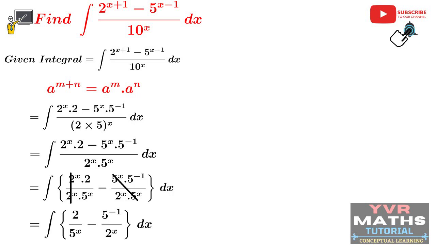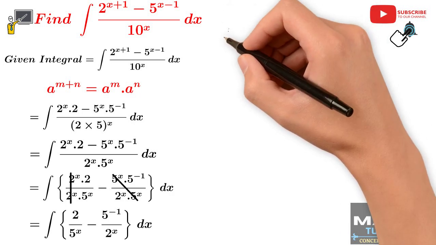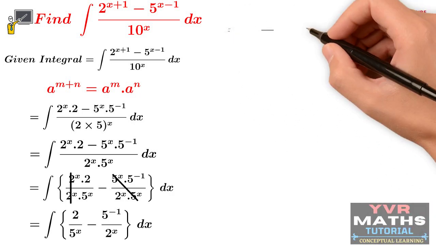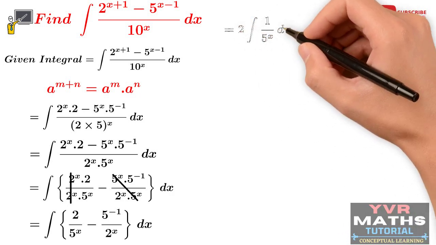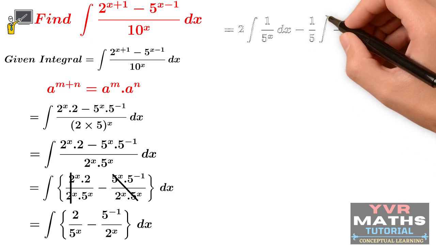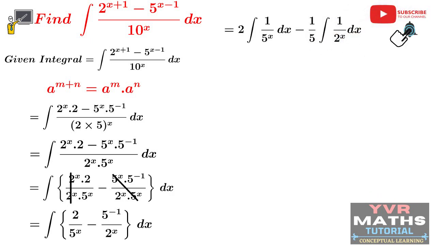Now, by using basic properties of indefinite integrals, I am going to apply individual integrals. Then what we will get? See here in the next step. 2 into integral of 1 by 5^x dx minus 5^(−1), which can be written as 1 by 5, into integral of 1 by 2^x dx.